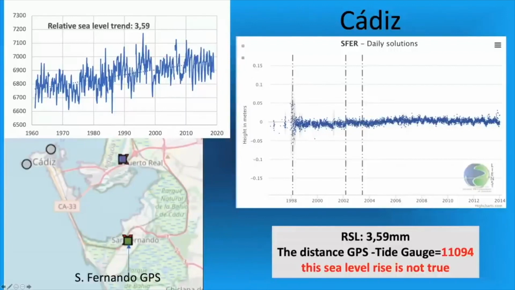So this should not be used simply. Of course, the GPS gives a great horizontal line, so it seems that in this area the land is stable, but maybe in this area it is not stable, and this can explain why the sea level rise is more than 3 millimeters.